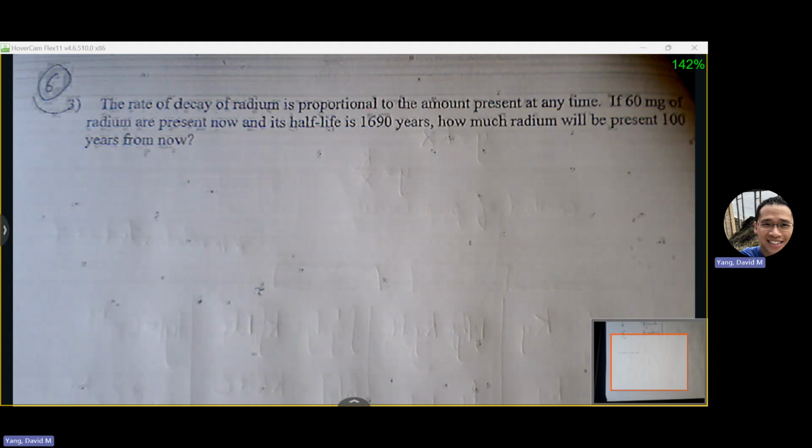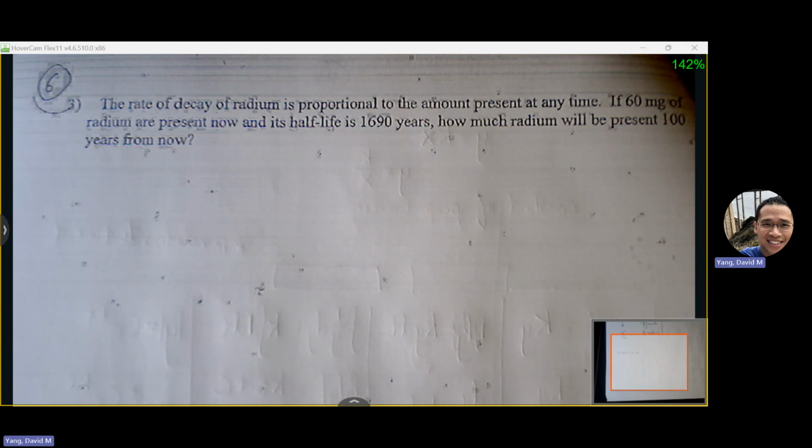So number 3, you're going to set up most everything the same way. It says the rate of decay is proportional to the amount of radium present. So R prime is equal to K times R. It'll work itself the same way. It's like Y prime equals KY. It's like P prime equals KP. So you can just jump directly to the equation.